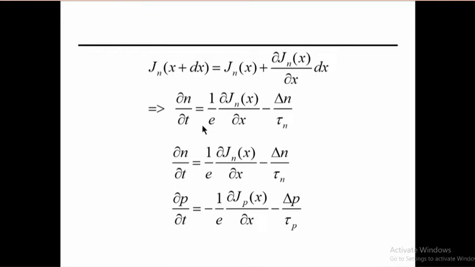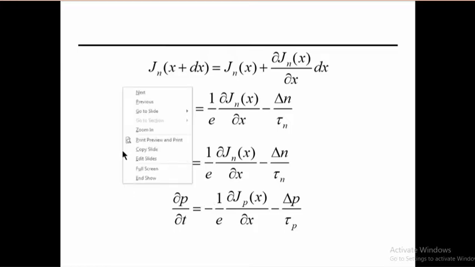And of course, if I write this term for electrons, I can deduce the one for holes. For the Jp, we will end up with a minus, since we didn't have the minus in the equation.